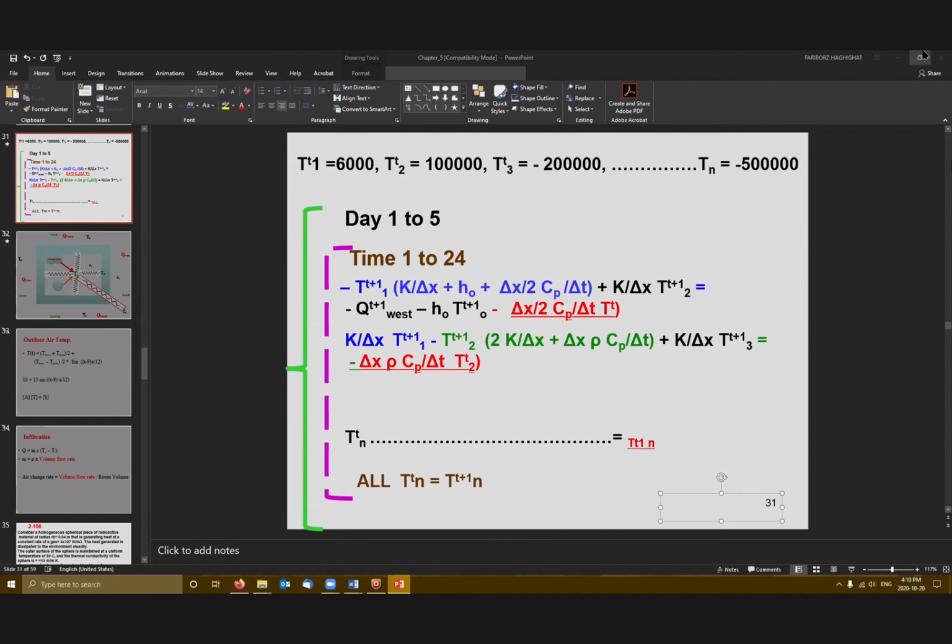The initial temperature we estimate, does it absolutely not matter what we choose, or is it better to choose something that is far off from what we think it will be, or closer to what we think it will be? It absolutely doesn't matter. Absolutely. Because as we go through the time, the number will be corrected.